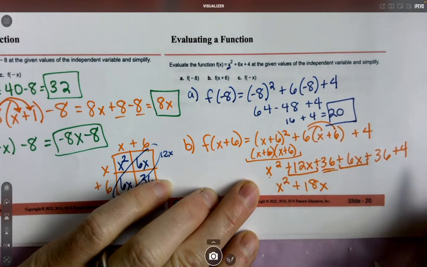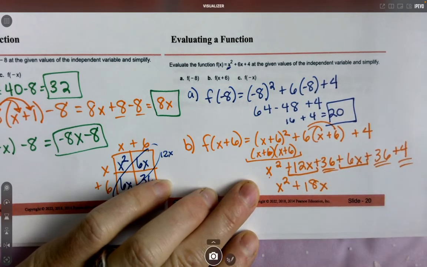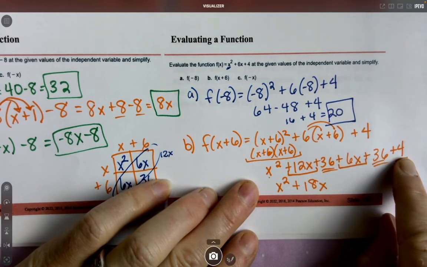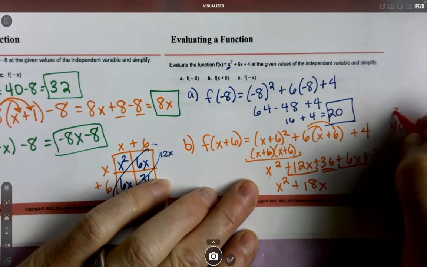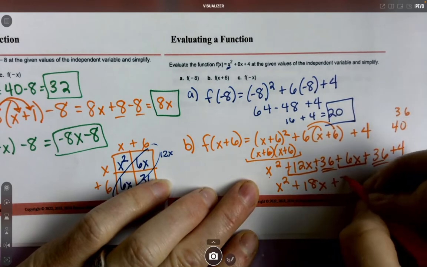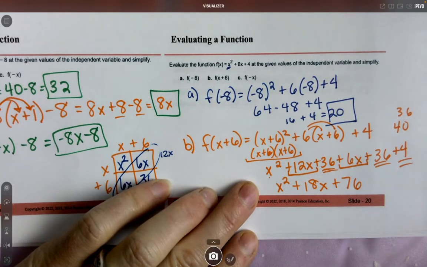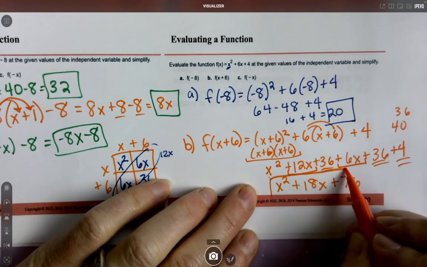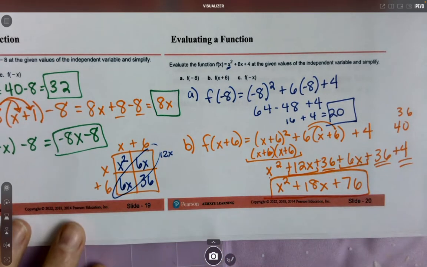Then we have 36, 36, and 4. So 36 and 4 make 40. 40 plus 36 makes 76. And it says to simplify. So that's as far as we can go.